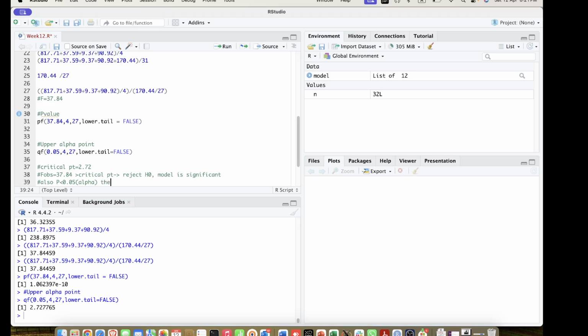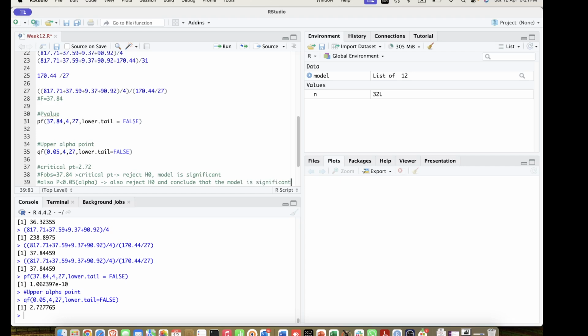It is bound to happen that both will happen simultaneously. So also p-value is less than alpha, so reject H naught and conclude that the model is significant.